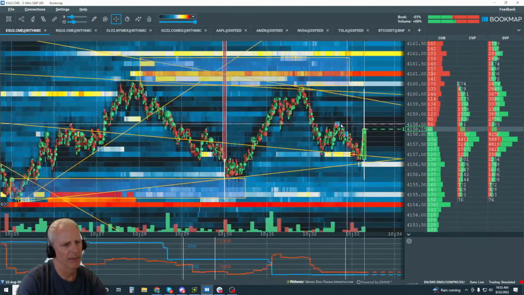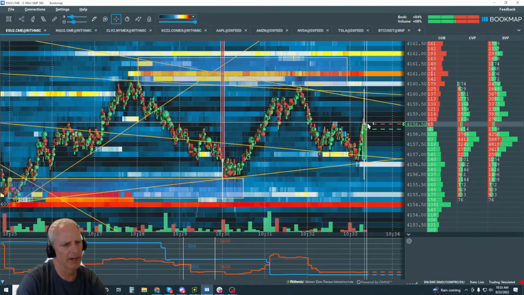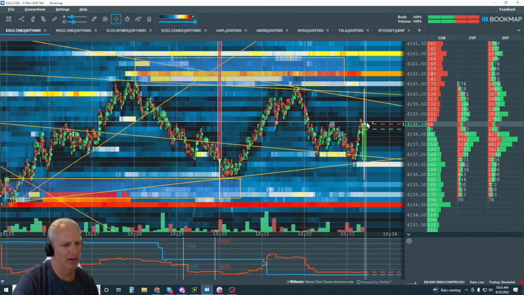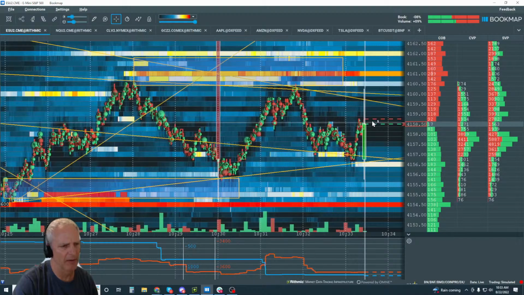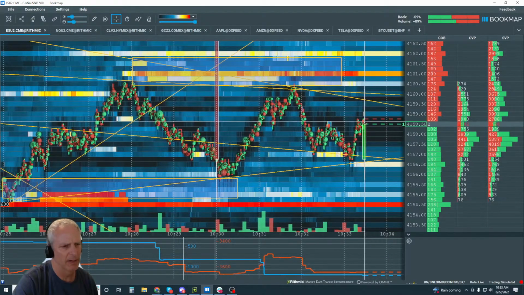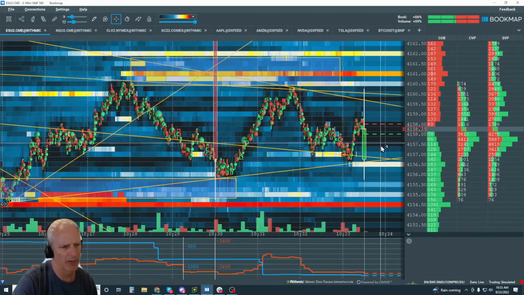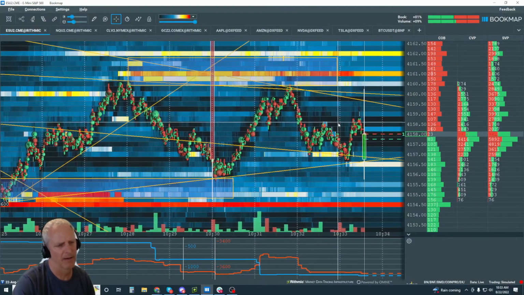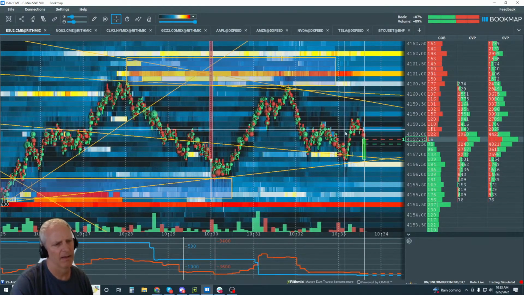Let's see if we can get buyers back up here. Here we are. So this is looking pretty good now, or better, I think. A few more buyers up here, a stronger bid here. No, not yet, still not ready yet.